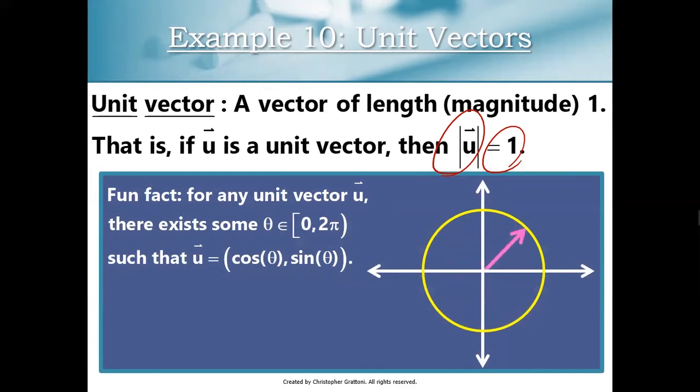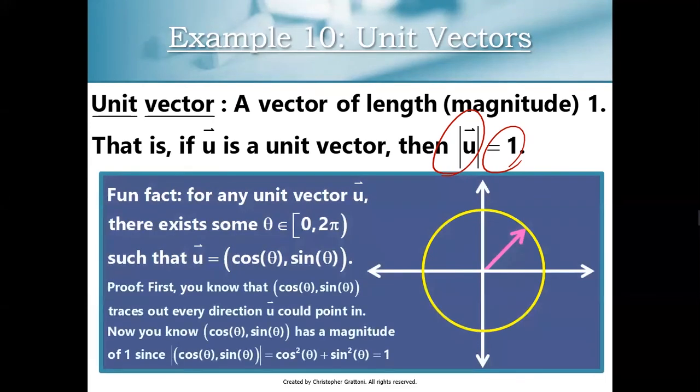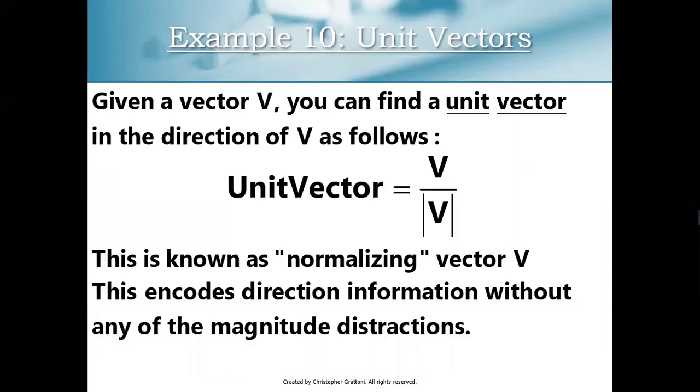The unit circle gives you all possible unit vectors that could possibly exist in two-dimensional space. There's a little proof of that. You guys can read that on your own if you find it interesting, but it's kind of neat to see how all of the different mathematics you guys have learned over the years kind of tie together. When you were learning the unit circle, you weren't thinking about vectors, but in a sense, you were actually learning about vectors.